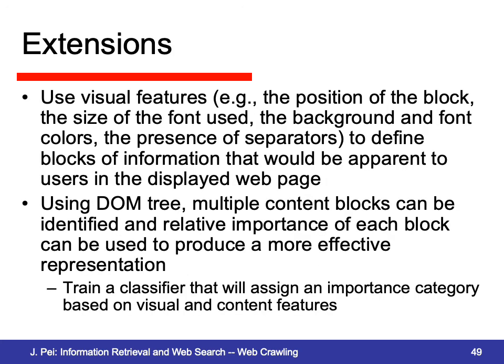There are many extensions to do that. For example, we may use some visual features such as the position of the block, the size of the font used, the background color, and so on. And using the DOM tree, the multiple content blocks can even be identified and merged, or their relative importance can be identified.